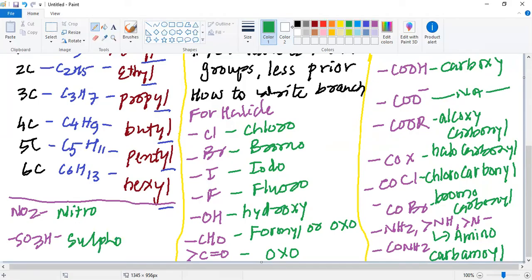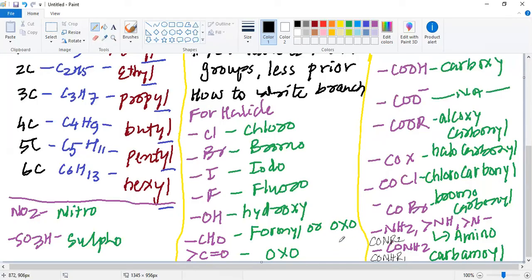Please remember, my dear student, that in case of CONH2, we may have CONHR, or CONR2. For all of them, we can write carbamoyl as a prefix.